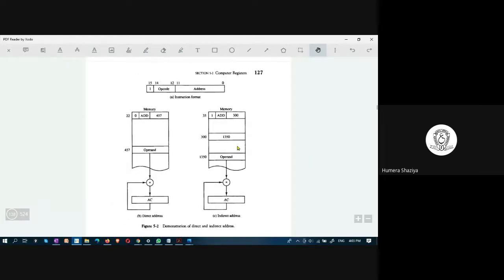This is the demonstration of direct and indirect address. All right. Let me give you an example about this direct and indirect address.